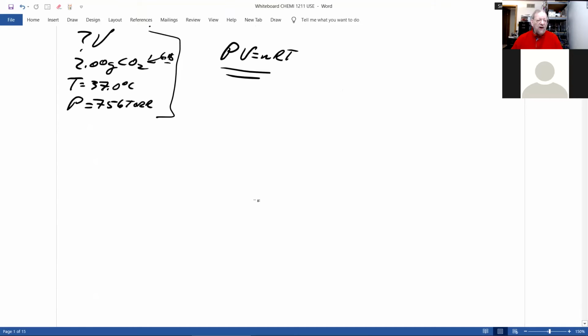So what are we trying to solve for here? Volume. So what I'm going to ask you to do is right now solve for volume. Don't put any numbers in. Just solve this equation for volume. Your turn to have some fun.